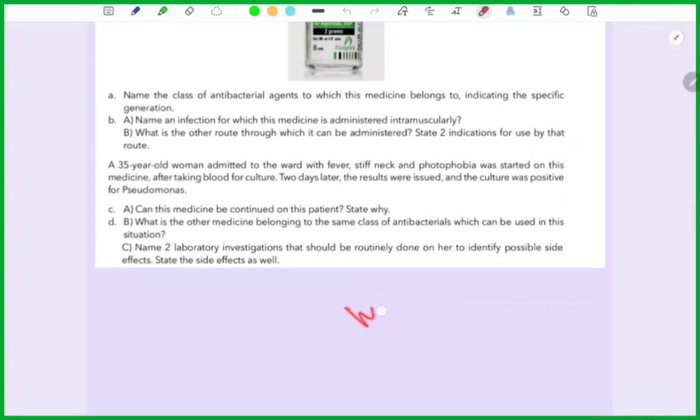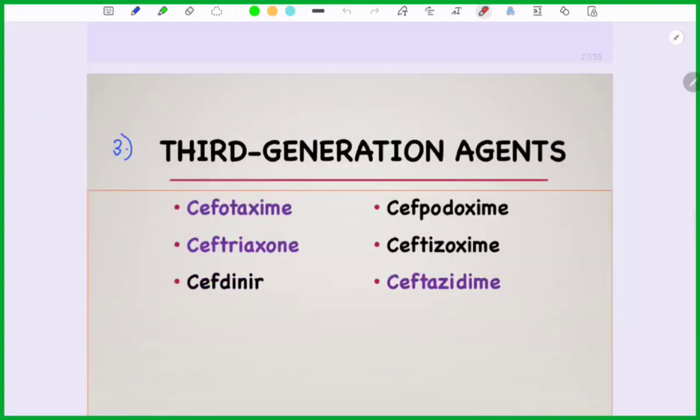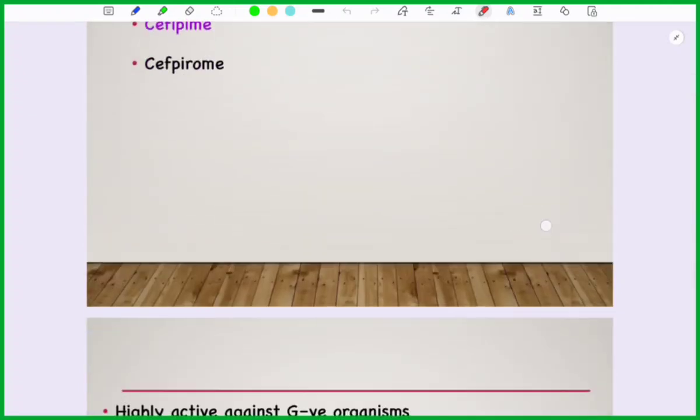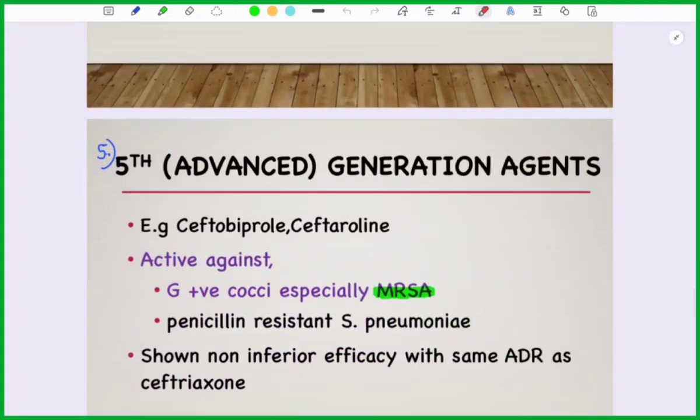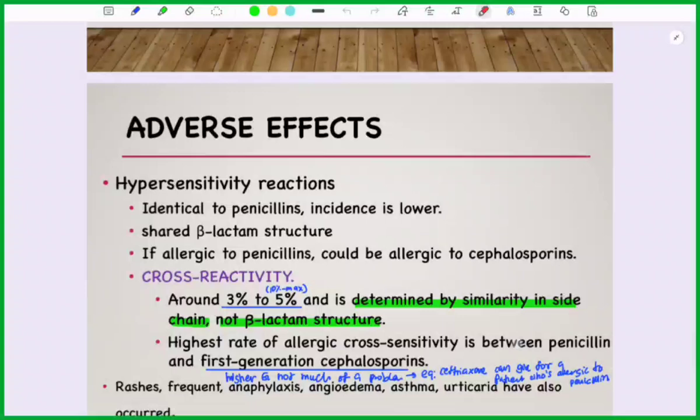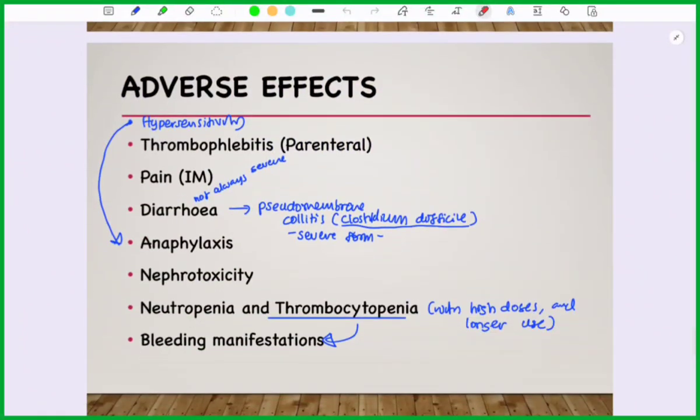So let's discuss some adverse drug reactions for cephalosporins. The first one is hypersensitivity. It is also given in the lecture. It is also a beta lactam, so just as penicillin, it causes hypersensitivity, but it's lesser than penicillin.